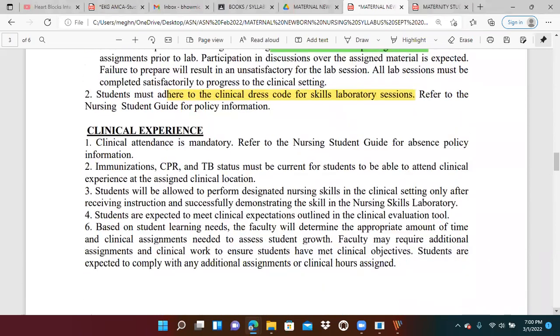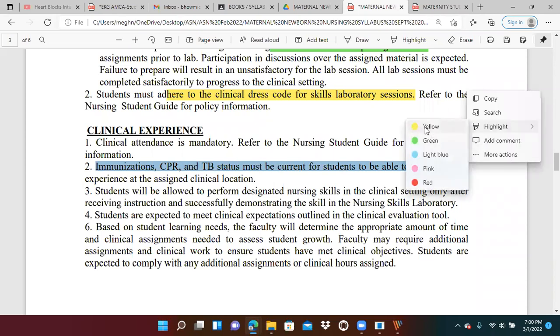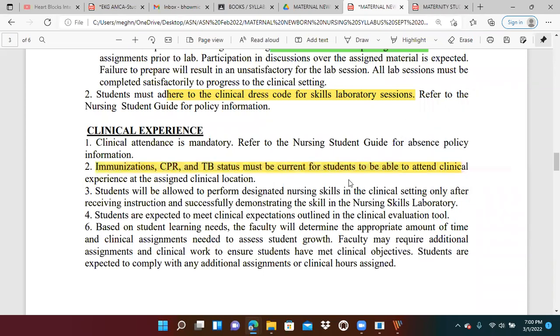And next here, clinical experience. Clinical attendance is mandatory. Immunization, CPR, and TB status must be current for the student to be able to attend the clinical. Every student has their own file.